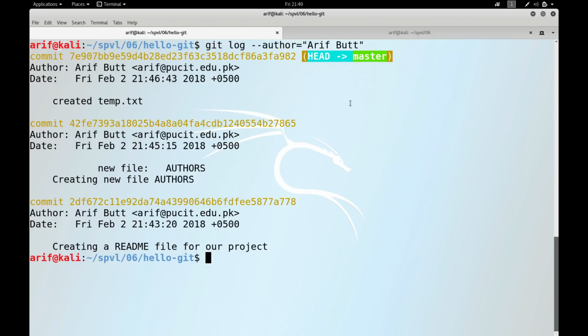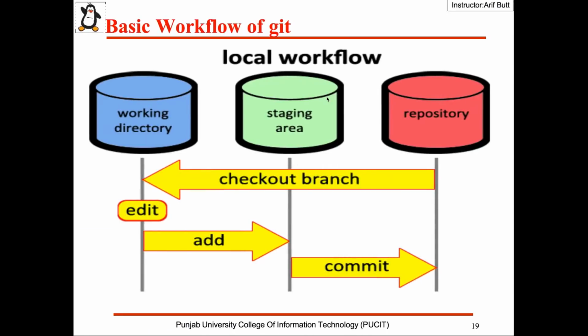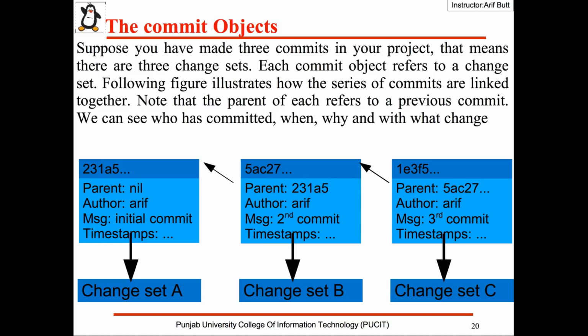Right now, let us move on to the slides again and try to understand the concept of commit object and this head pointer. Okay, commit objects first. Suppose you have made 3 commits in your project. That means there are 3 change sets. Each commit object refers to a change set, and this figure in front of you illustrates how the series of these commits are linked together.